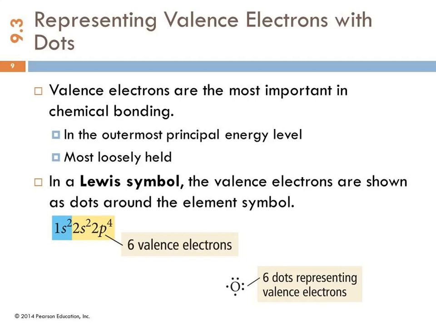Now we do have a way that we do that. What would a full valence shell be? How many valence electrons do the noble gases have? 8. Okay. So what works really well is we've got top and bottom and the 2 sides.